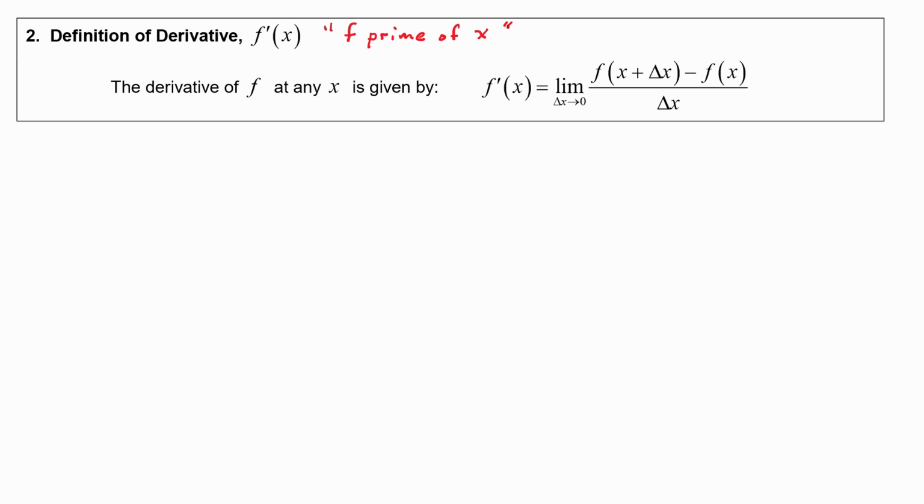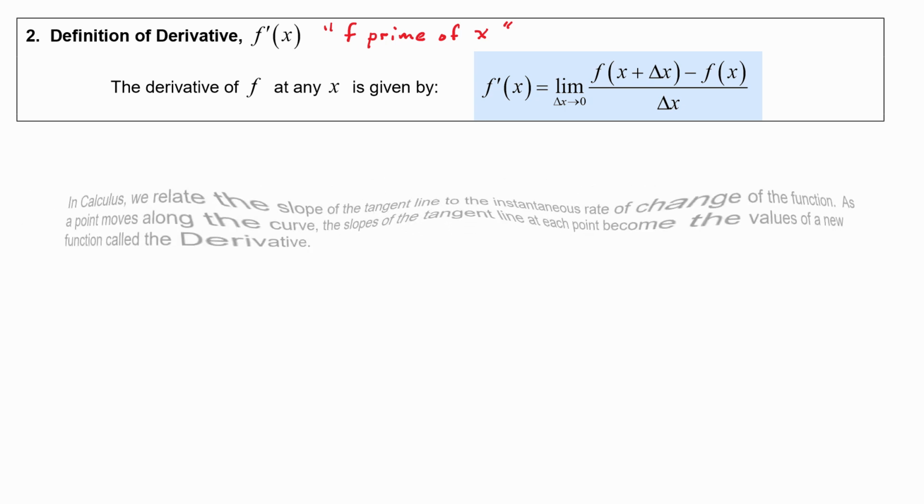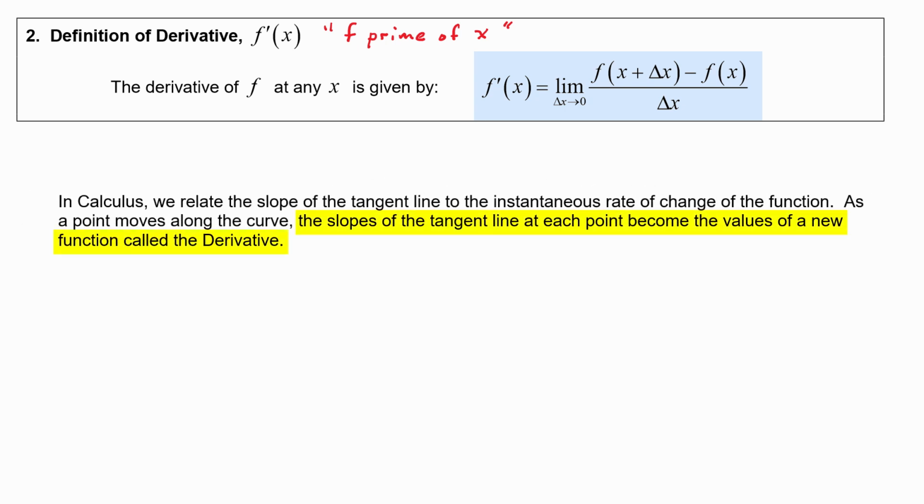The derivative of f at any x is given by f prime of x is equal to the limit as delta x goes to 0 of the quantity f of x plus delta x minus f of x over delta x. Remember we said that the slopes of the tangent line anywhere along the curve give the values of a new function called the derivative. And this limit is what gave us the slopes of the tangent line. Therefore, the derivative will equal this limit.